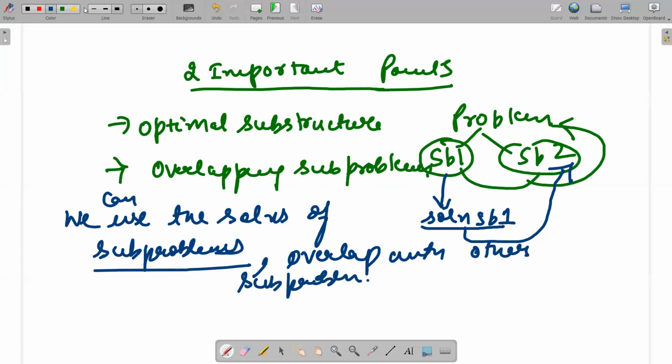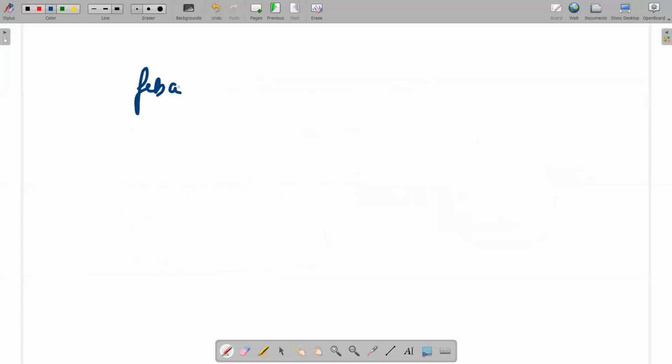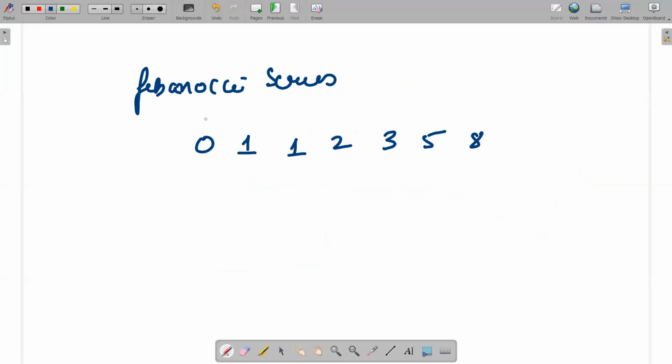Let's take an example of the Fibonacci series. So, guys, if I choose the Fibonacci series with 0, 1, 1, 2, 3, 5, 8. Fibonacci of 0 is 0, Fibonacci of 1 is 1, Fibonacci of 2 is 0 plus 1, right? Then Fibonacci of 2 is obviously 1, but it is the addition of 1 plus 1.